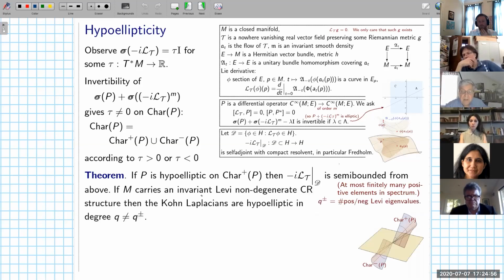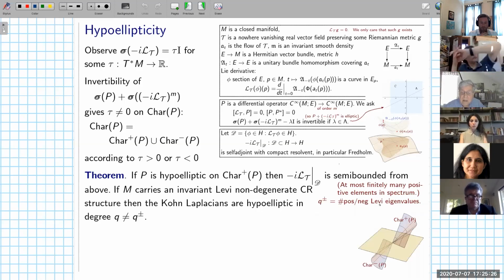If M carries an invariant Levi non-degenerate structure, then the Kohn Laplacians are hypoelliptic. This is a theorem that is known. Then the Kohn Laplacians are hypoelliptic in degrees that are different from plus or minus q, which is the number of positive or negative eigenvalues of the Levi form.